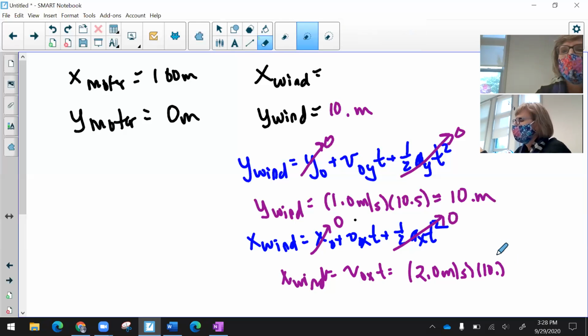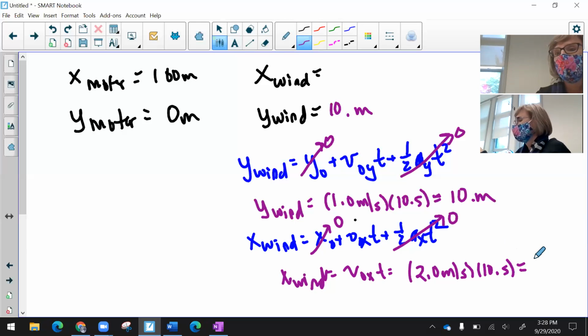There we go. So what's that going to give me? 20 meters, 2.0 times 10. Okay, so that's going to be 20 meters.